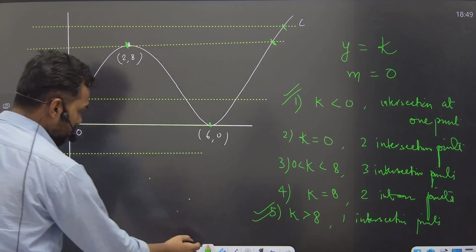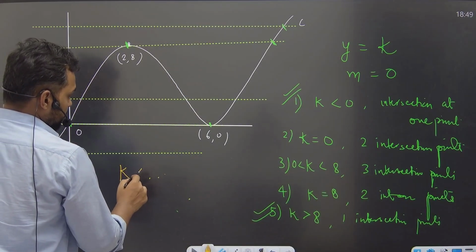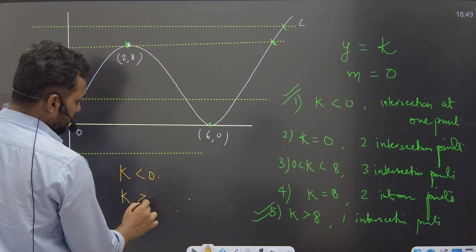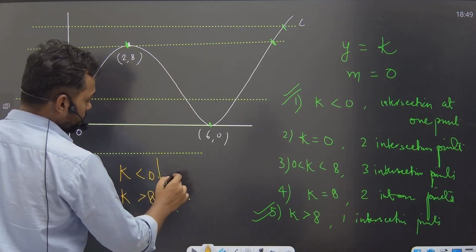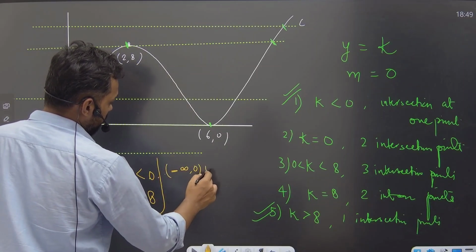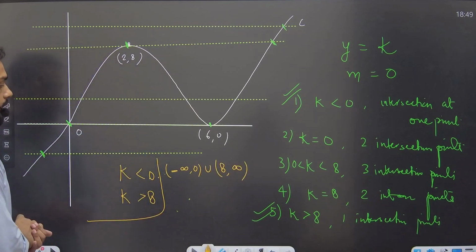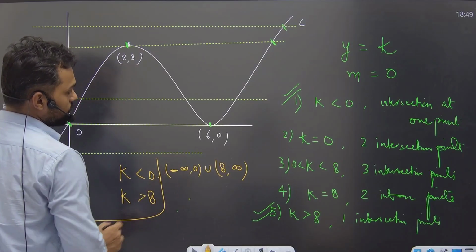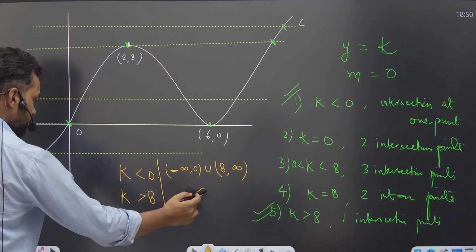So k is less than 0 is one case, and k is greater than 8 is one case. If we write this in set notation form, it will be minus infinity to 0, union 8 to infinity, open brackets. This will be the range in set notation form. So this will be our answer.